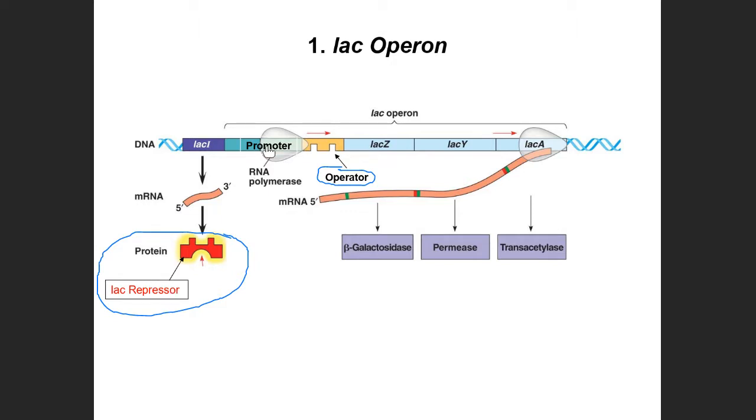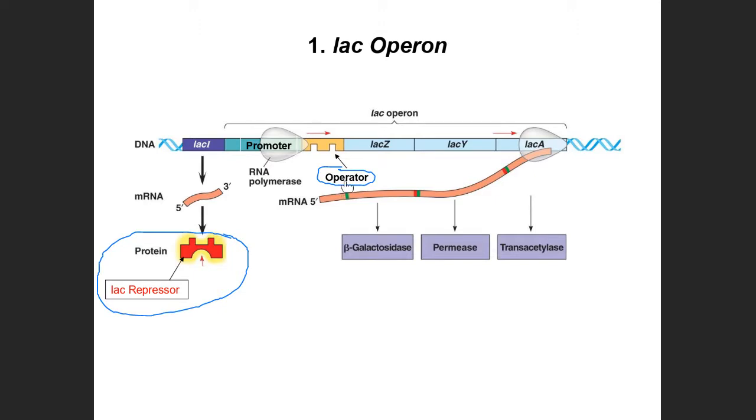The promoter serves more as an activator. It helps in turning on gene expression. The operator acts more like a repressor or a silencer, or simply an inhibitor. The operator's role is to inhibit the expression of the Lac Operon genes. It's to inhibit RNA polymerase.